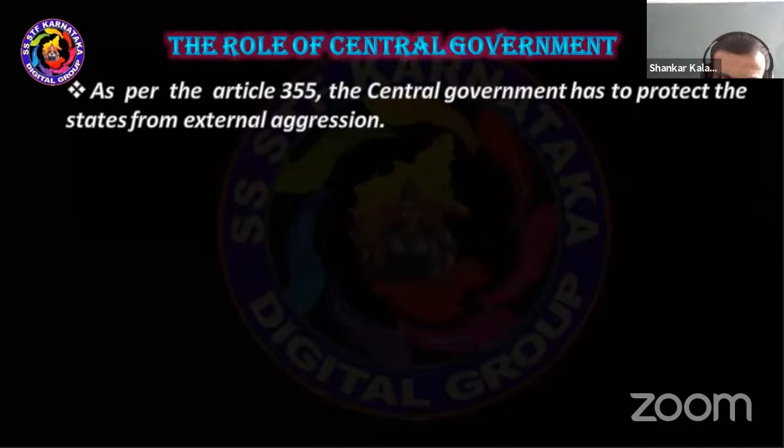Remember that as per Article 355, the central government ensures protection to all states from external aggression, not only internal. Sometimes it is necessary to maintain against any issues which are harmful to our state, so it helps each and every state to prevent external aggression and also internal conflict or internal revolts. Article 355.